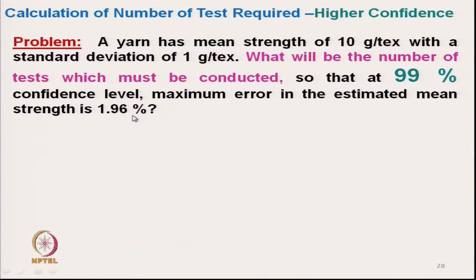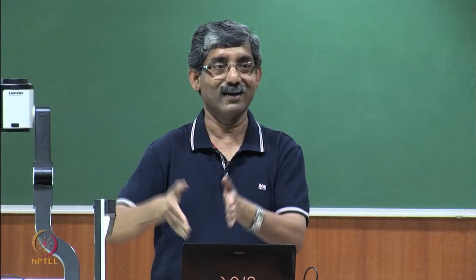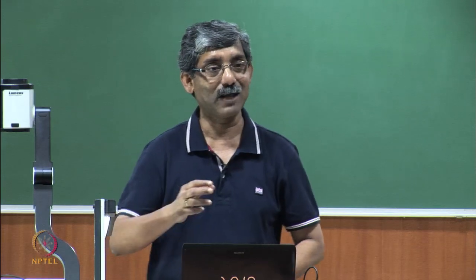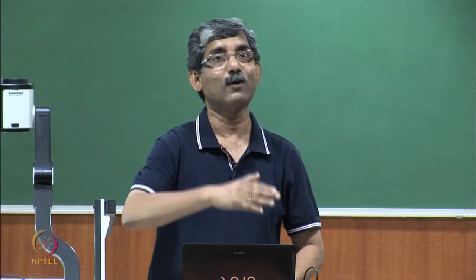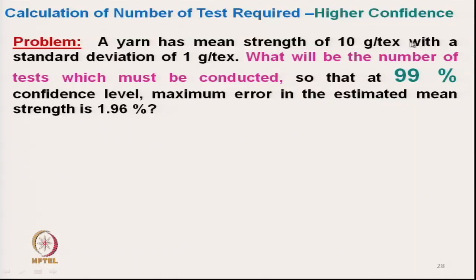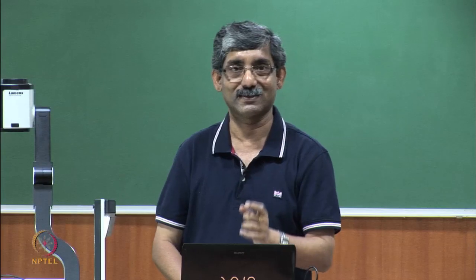Earlier also it was there, but if we take 100 readings, that means out of 100 times, 5 times I will be wrong. But if we want 99% confidence level, that means we want to miss only 1%, and 99% of the time I will be correct. So, let us see what will be the number of tests required.